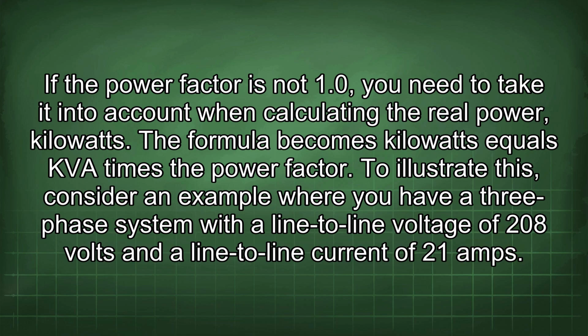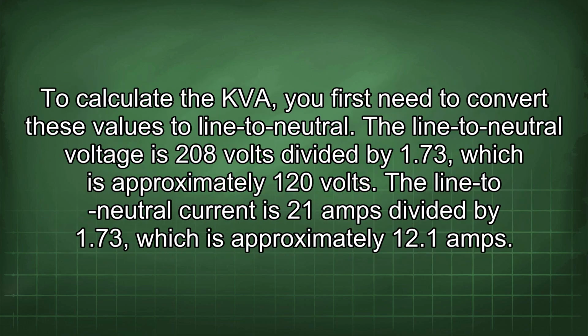To illustrate this, consider an example where you have a three-phase system with a line-to-line voltage of 208 volts and a line-to-line current of 21 amps. To calculate the KVA, you first need to convert these values to line-to-neutral. The line-to-neutral voltage is 208 volts divided by 1.73, which is approximately 120 volts.